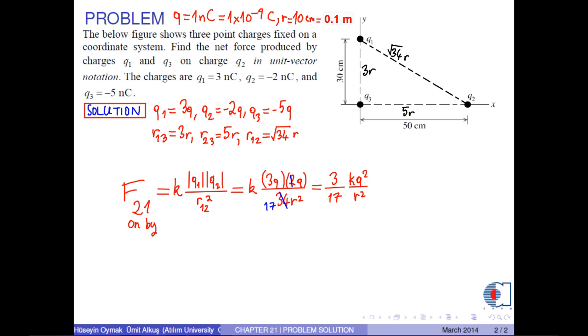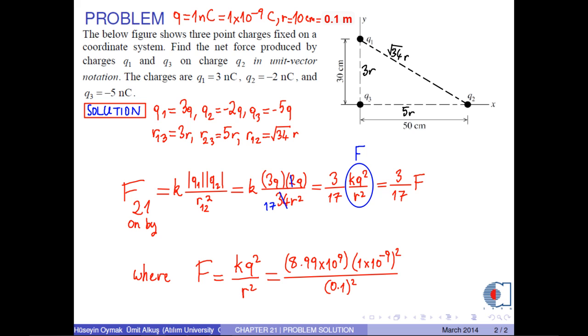Then F21 is obtained as 3 over 17 times KQ squared over R squared. For the symbolic solution, let us call K times Q squared over R squared as F. Then F21 becomes 3 over 17 F, where F is calculated as 8.99 times 10 to the negative 7 newtons.